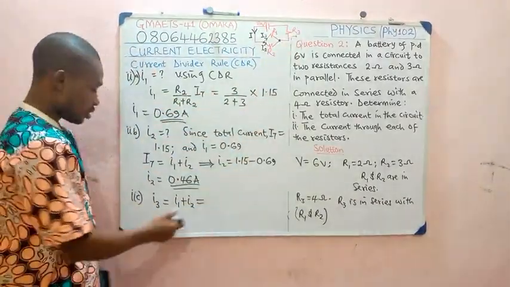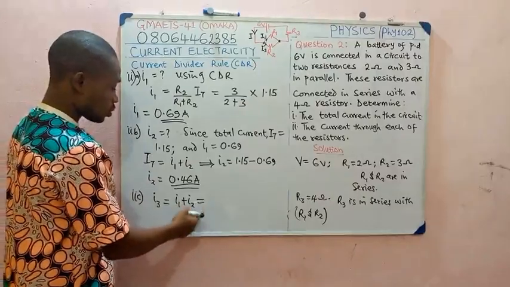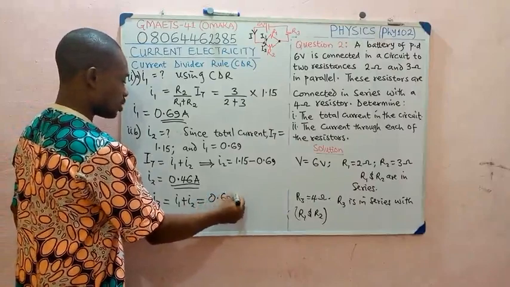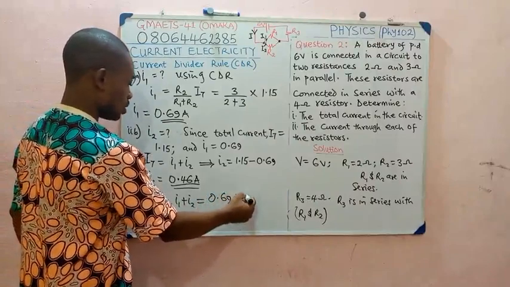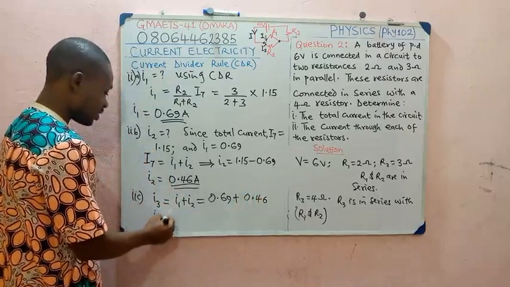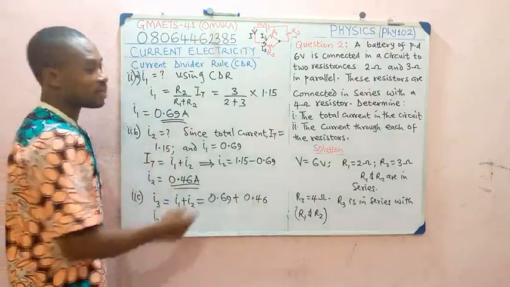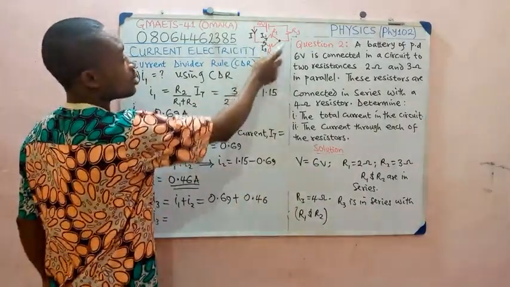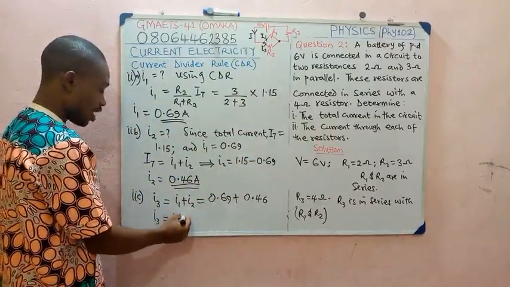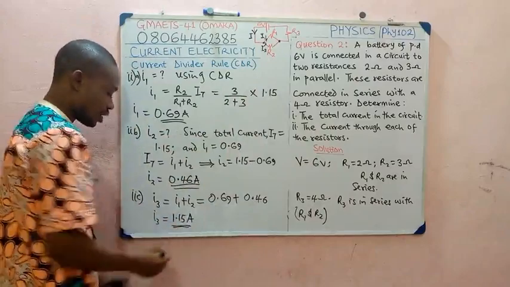Is that okay? So that's what we have here. And that will be equal to I1. What did we get as I1? 0.69. You're going to add I2 to it, which is 0.46. Clearly, you would see that this is equal to I total because it is the I total that is shared at this point. So the same I total will move through there. If you do that, that is 1.15 ampere. Alright?